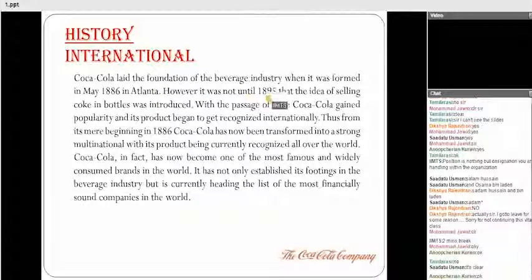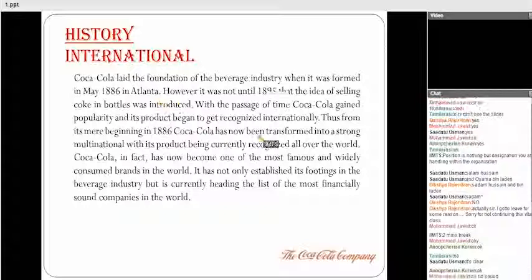What about the history of the Coca-Cola company? Coca-Cola laid the foundation of the beverage industry when it was formed in May 1886 in Atlanta. However, it was not until 1895 that the idea of selling Coke in bottles was introduced. With the passage of time, Coca-Cola gained popularity and its product began to get recognized internationally.